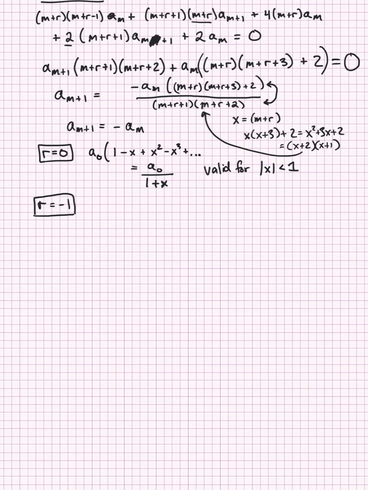Okay, and actually something kind of nice happens. So let's look at the a1 term. I know a naught has to not be 0.